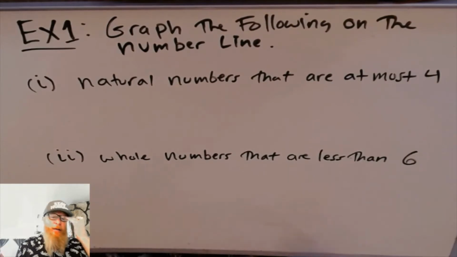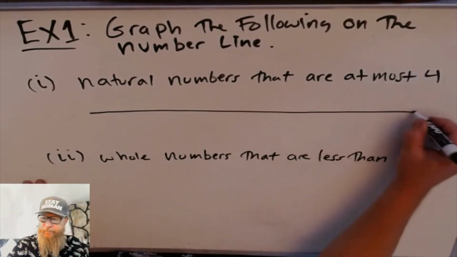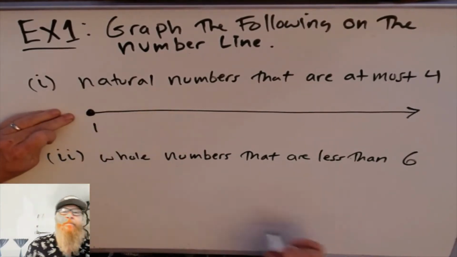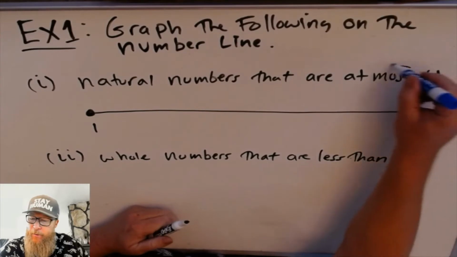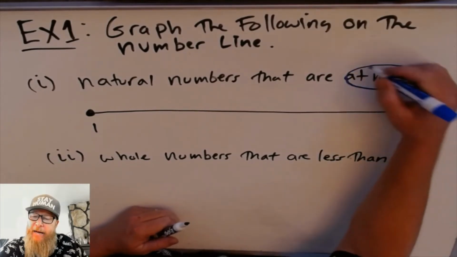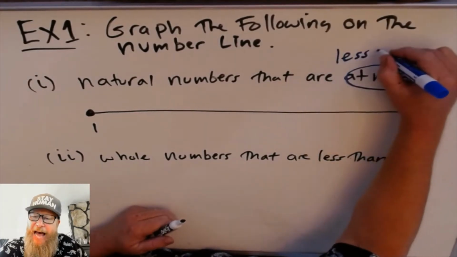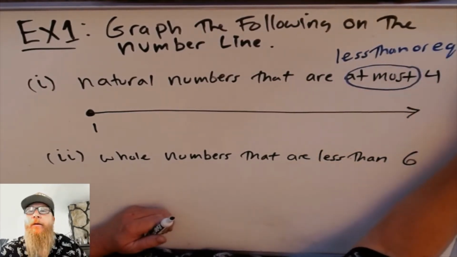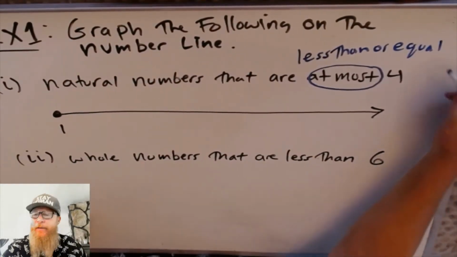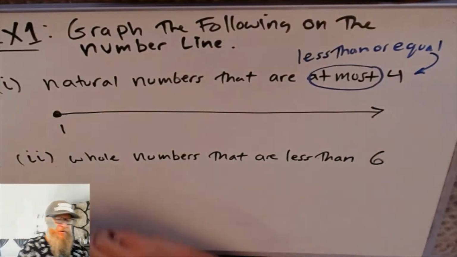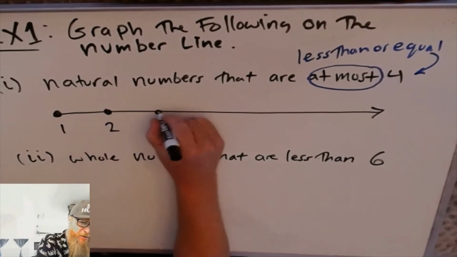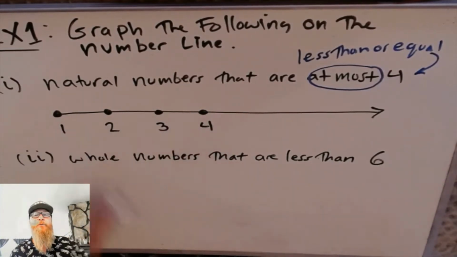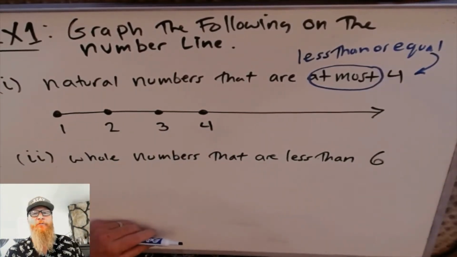Okay, so we have a number line. Natural numbers, so we're going to start with 1. And then we're going to be very careful about words like at most. At most means less than or equal. Less than or equal to 4. So 1, 2, 3, and 4. So those would be the natural numbers that are at most 4.